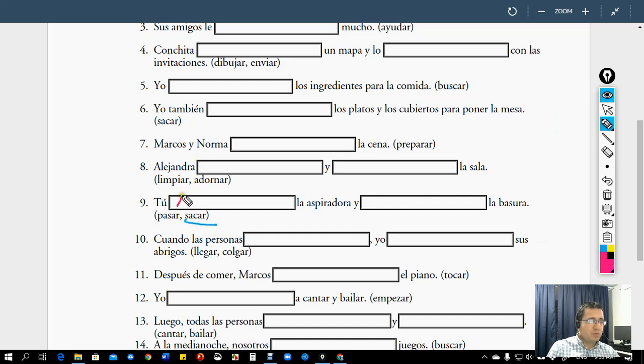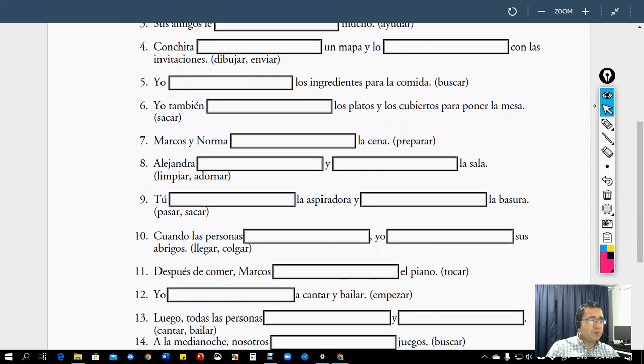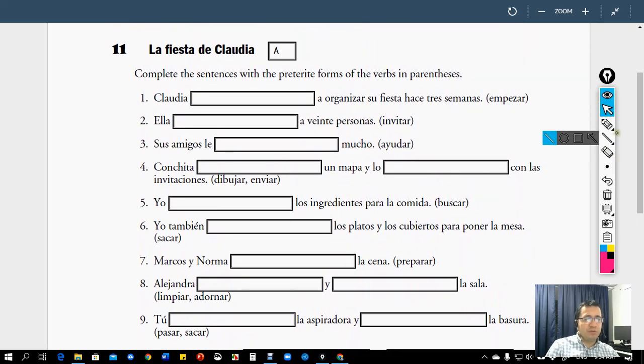So tú pasaste la aspiradora and sacaste. There is no tilde anywhere. Pasaste and sacaste. Let's see if there is another tú somewhere here. Nope. So that means that we took care of all the yo's and the tú's.